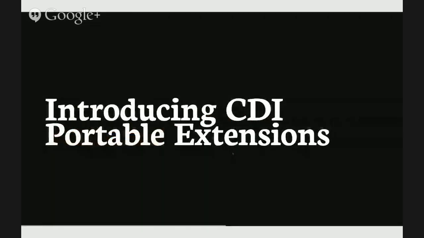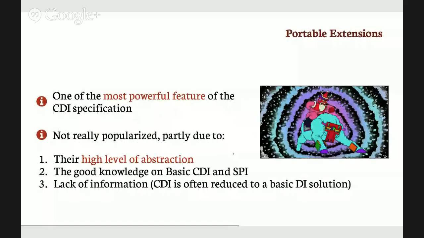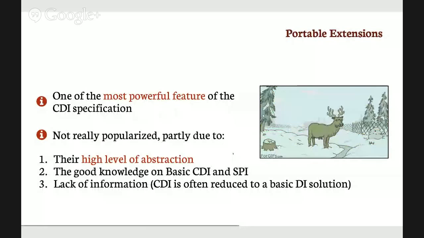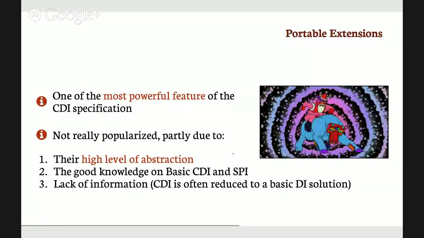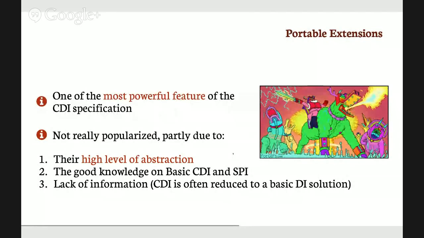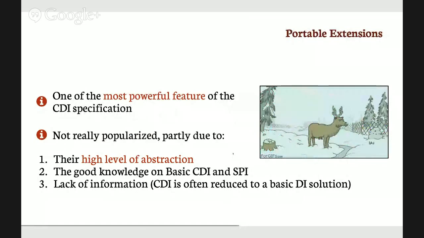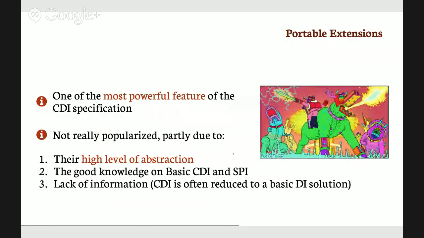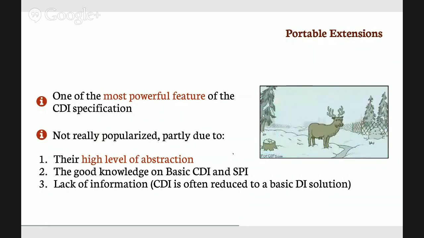So let's talk about our CDI portable extension. I understand that talking about SPI can be a bit hard, but it's a good way to start to understand what you can do in a portable extension in CDI. The portable extension in CDI is one of the most powerful features of the specification.